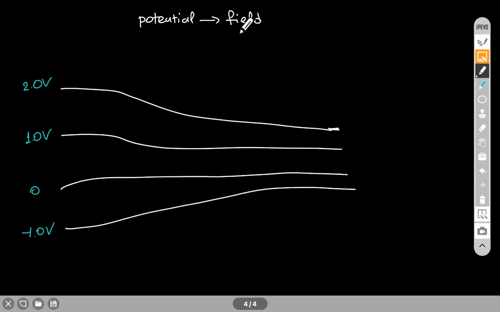Now, in which cases is this useful? If I want to think about forces, if electric forces are useful for me to understand why my system behaves the way that it does, then I will have to work on this process.